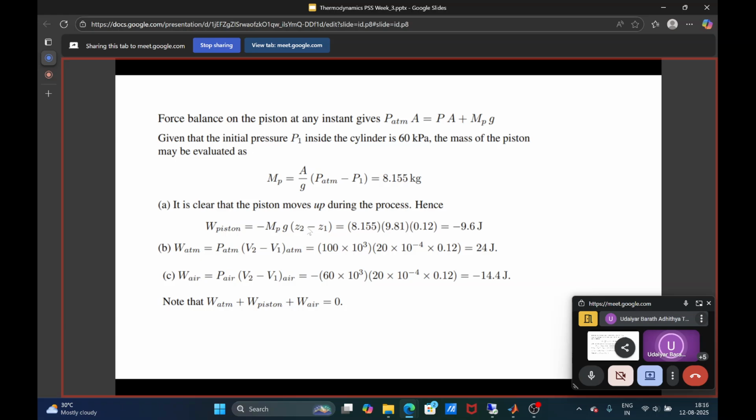Here it is negative because you have to do work on the piston to raise its potential energy. So 8.155 times 9.81 times 0.12, because it moves 12 centimeters. That gives you minus 9.6 joules.